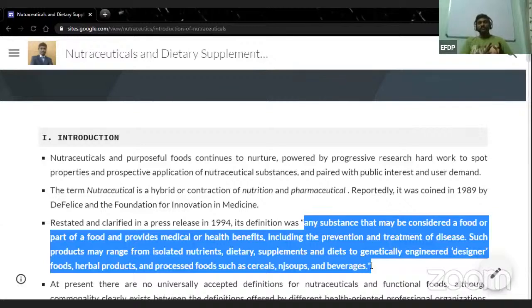Such a product may range from isolated nutrient. देखो क्या है उसमें, आपके सामने आंसर था लेकिन आपने देखा नहीं. Isolated nutrient, dietary supplement and diet to genetically engineer.